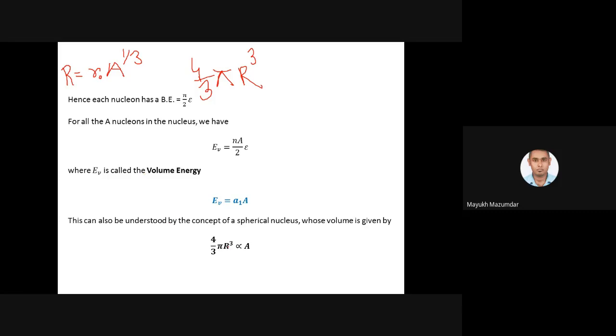Radius of the nucleus. Just take the cube. This r naught is a constant, approximately 1.2 fermi. So you can see the volume is proportional to A. So we can say that the A here represents the volume of the nucleus, and it is related with the energy like this. Got it? So this term came because of the arrangement inside the volume.